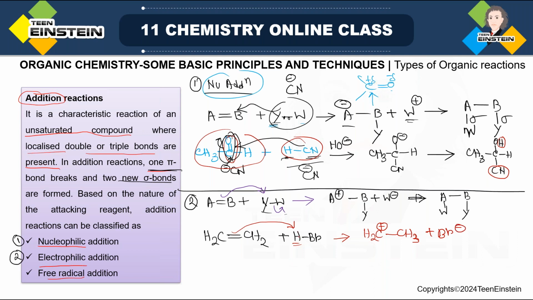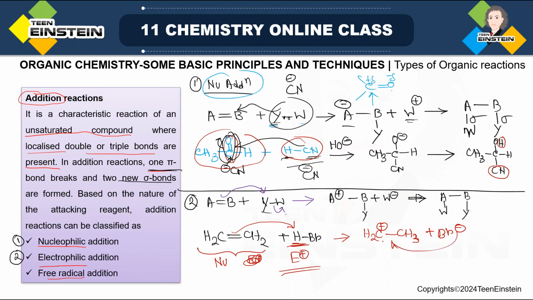So in the first attack, this part is acting as the electrophile and this part is acting as the nucleophile. Based on this, we call this reaction electrophilic addition, based on the type of reagent.